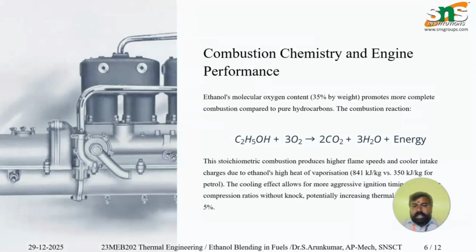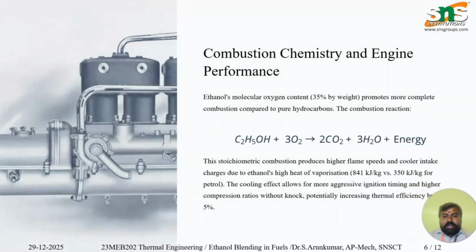Now, combustion chemistry and engine performance using ethanol blending. Ethanol's molecular oxygen content of 35% by weight promotes more complete combustion compared to pure hydrocarbons. The combustion reaction equation is C2H5OH, that is ethanol, plus 3 O2, giving 2 molecules of carbon dioxide, 2 CO2, plus 3 molecules of water, 3 H2O, and releases energy.